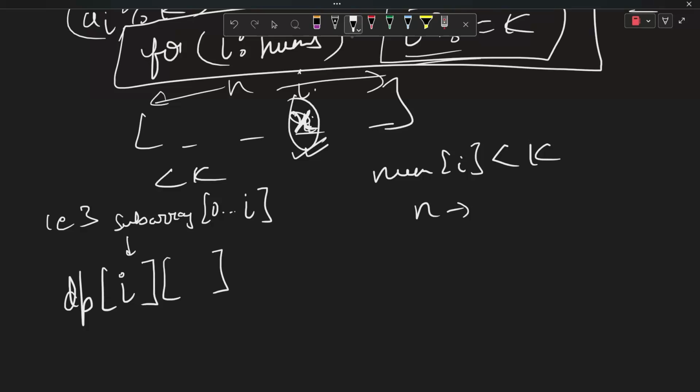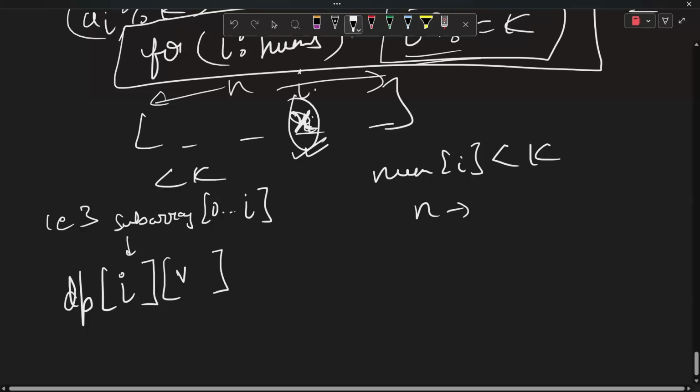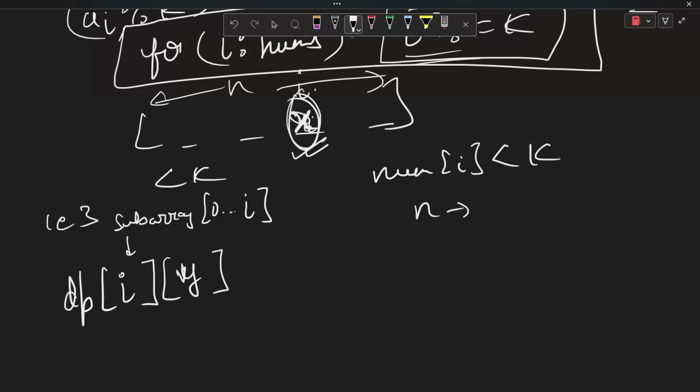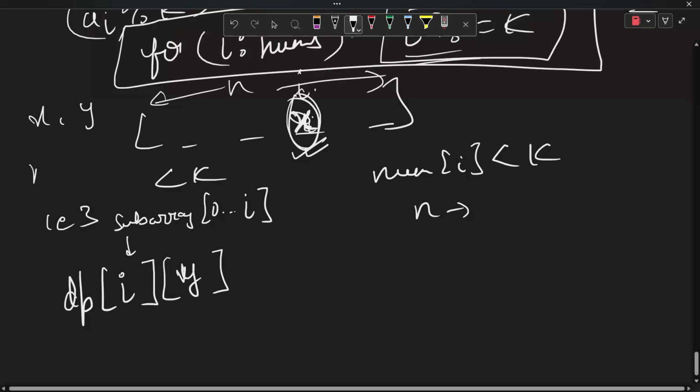So the second state can be y. If we pick that ith index, then out of x and y we are definitely going to have alternate xy xy xy.